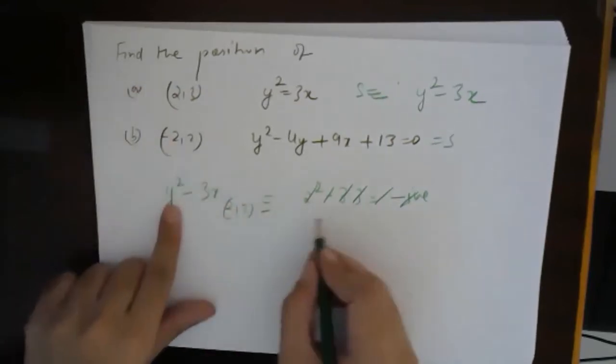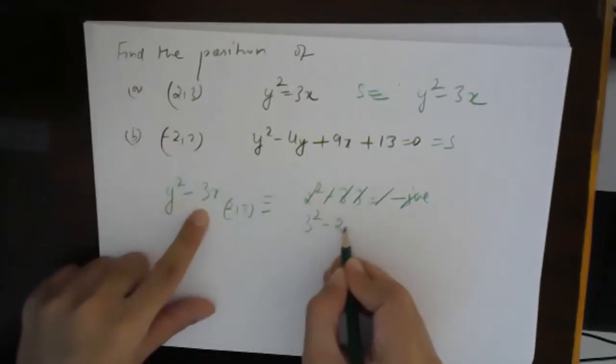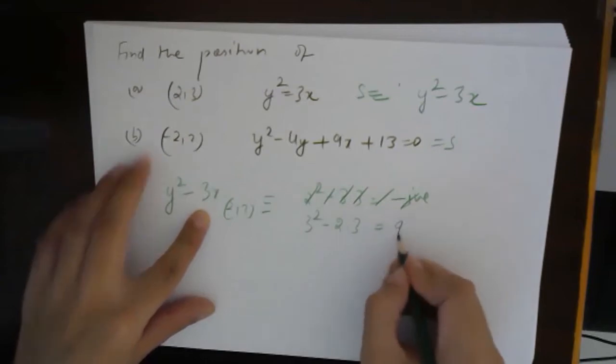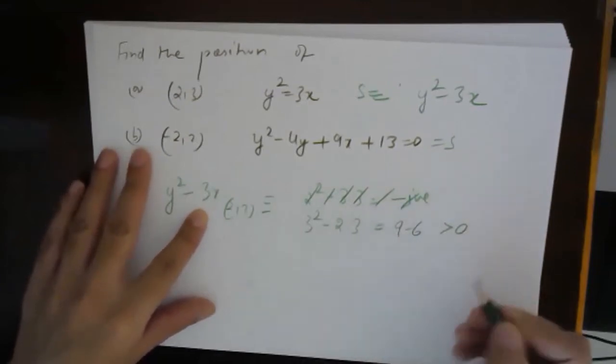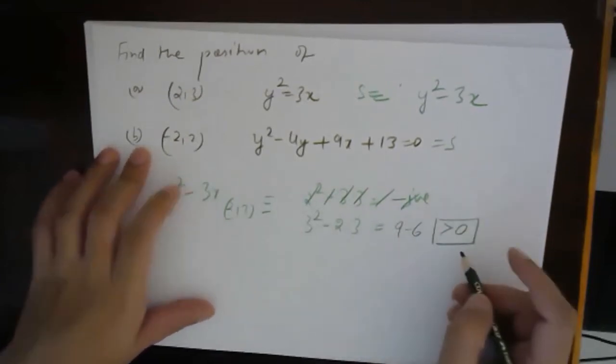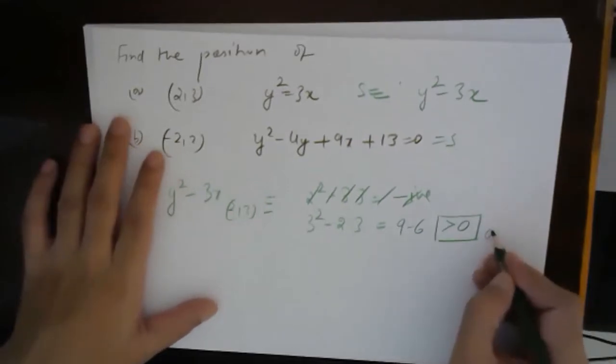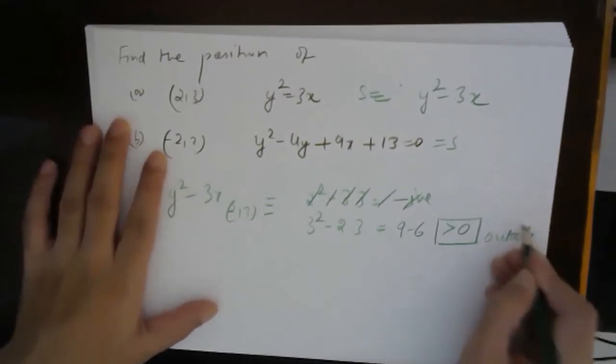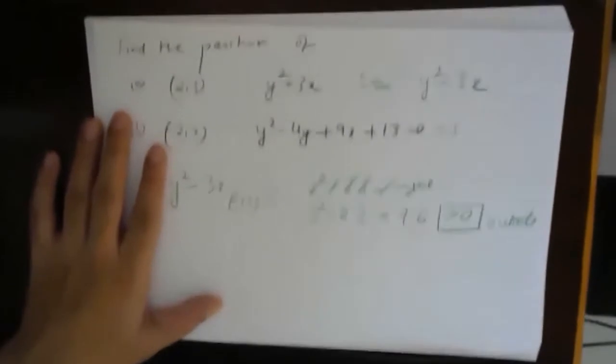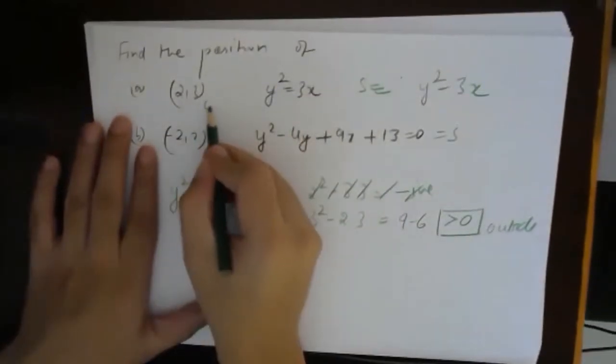So I substitute: 3 squared minus 2 into 3. So this is 9 minus 6, which is greater than 0. For greater than 0, where does the point lie? The point lies outside. So for the first question, this point lies outside.